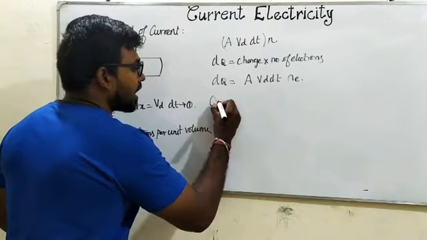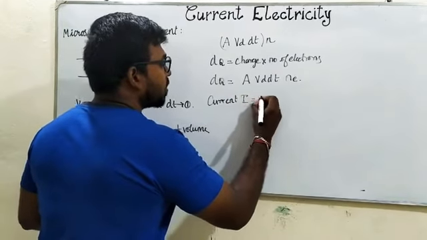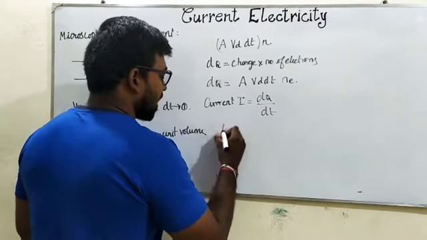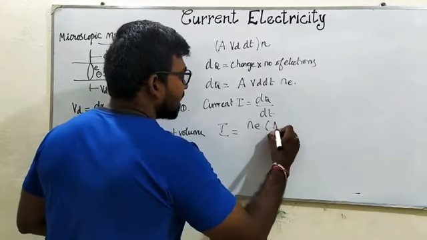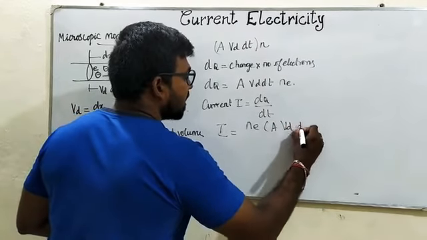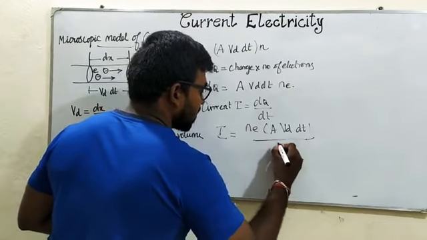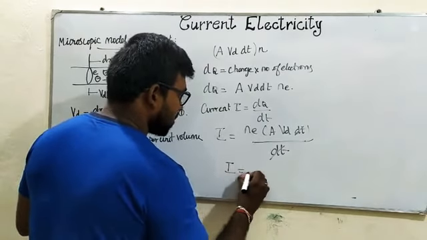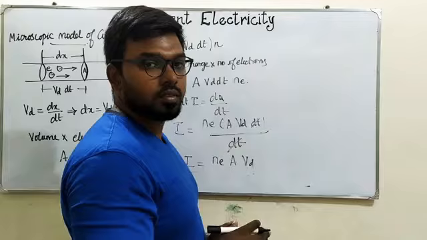We know that current I is equal to dq by dt. So the current I can be written as neA Vd dt by dt. So the current I is equal to neA Vd.